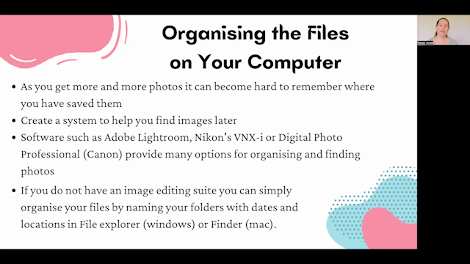Now, if you don't have an editing suite, what I recommend you do is simply organize your photos by folder. So every time you do a shoot, you create a new folder for that shoot and put the date that you took those photos and also some other kind of keyword that would reference where or why you took those photos.